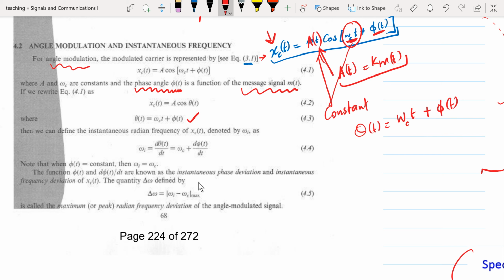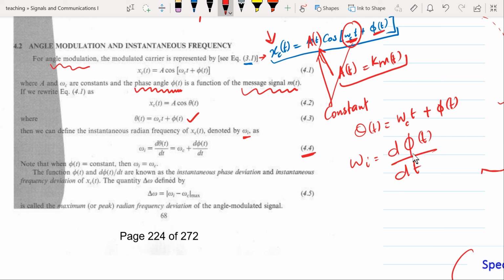And then from that point, we can define the instantaneous radian frequency, which is denoted by omega i. The instantaneous frequency is normally given by the first derivative of theta, as expressed in equation 4.4.